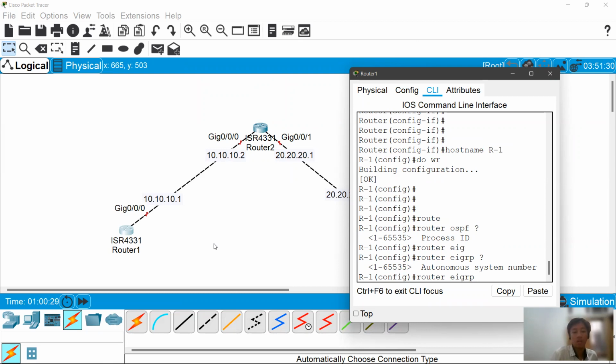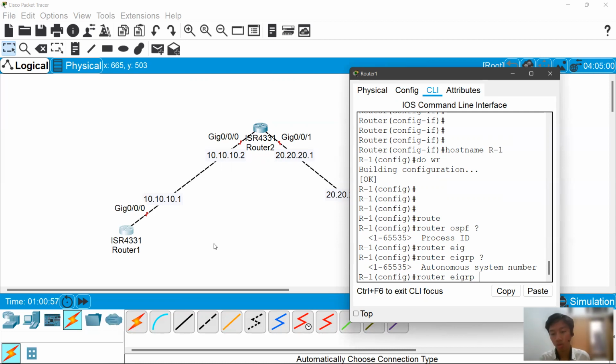For example, router 1 uses AS number 1, and if router 2 wants to connect to router 1, the EIGRP autonomous system number must be the same as router 1.